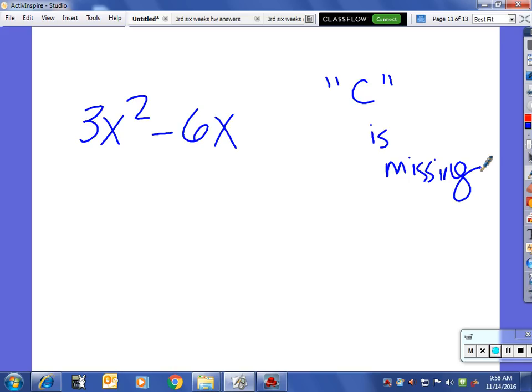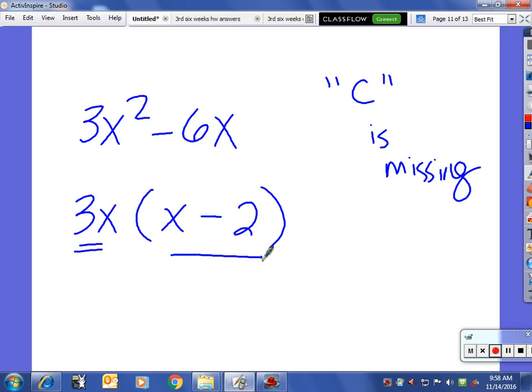What's the only thing I can do to this? Take out a 3x. And what am I left with? X minus, not x minus 2x, just x minus 2. That's all you can do to that thing. It's not 2 binomials, it's a monomial times a binomial.